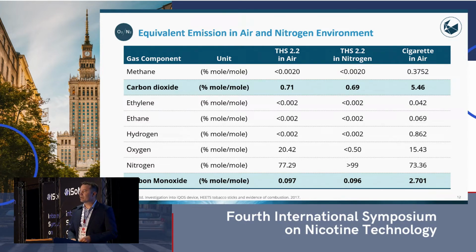But also, they are substantially equivalent between the two atmospheres. If you have a cigarette that you light, compared to one that you do not light, if you puff on them it will be hugely different in a nitrogen atmosphere and in air, because you don't get oxygen to combust. So the fact that they are substantially equivalent and very low is good evidence that you do not have a combustion process happening.